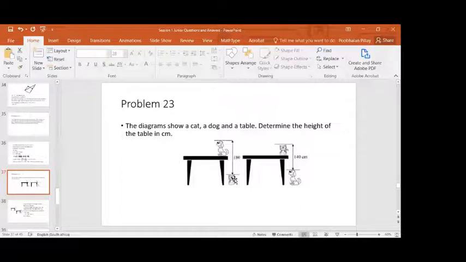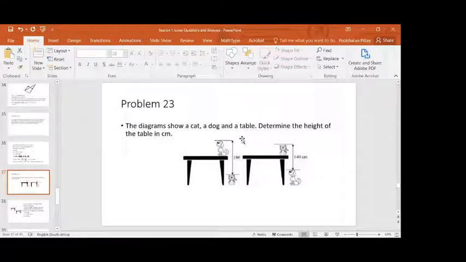You've got a cat which is standing here, and a dog which is standing here, and the head of the dog is 180 centimeters above the head of the cat. But if they reverse positions, if the cat stands there and the dog stands here, then it's only 140. And you might wonder, what happened to the remaining 40? It looks as if it's the same scenario. What's the difference whether the cat is standing there or there? But there is a difference. We'll see just now why. So now the question is, what is the height of the table? Interesting question.